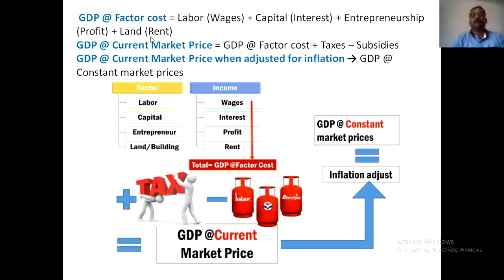He has purchased some land, or he has purchased some building, or say a hall, and offered it on rent, and he is earning some money from that land or building, or maybe any shop. So he is earning rent. So GDP at factor cost is nothing but the summation of all four points. All four points. You understood? Now, so here we consider GDP at factor cost. Now we'll see the GDP at current market price.